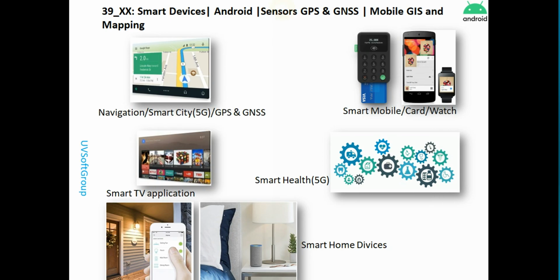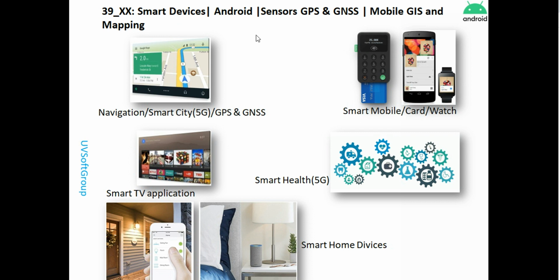But today I give you the introduction level, the applicability and usability of smart devices. If you see the title, smart devices Android, basically we focus on Android and the sensor and GPS, global positioning system or global navigation satellite systems, and then you see the subtitle here, mobile GIS and mobile mapping.